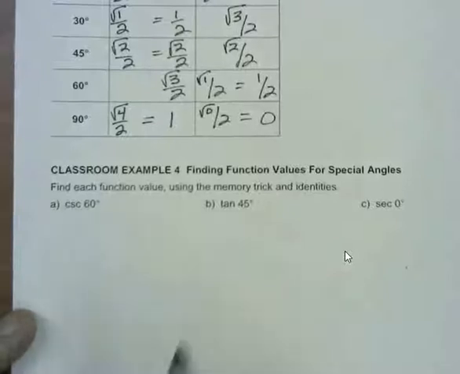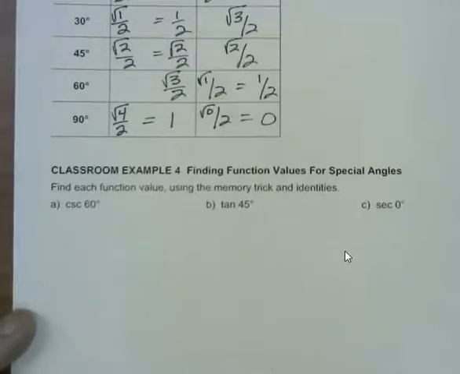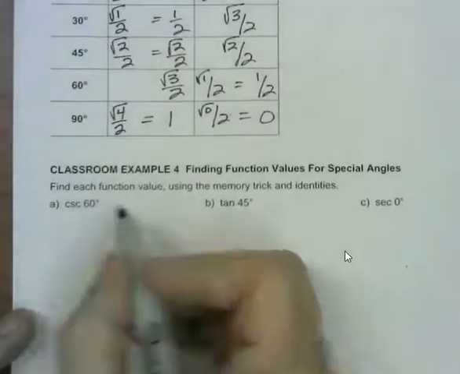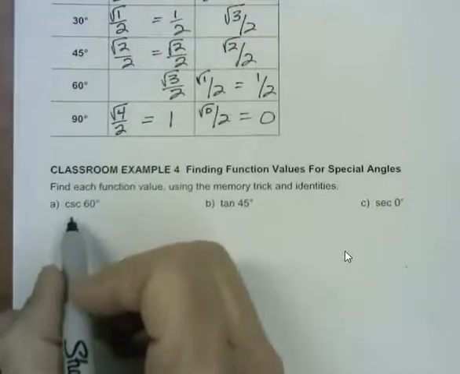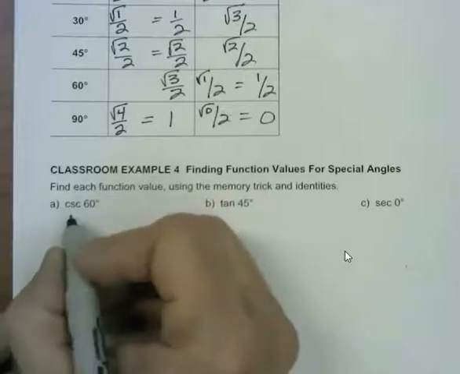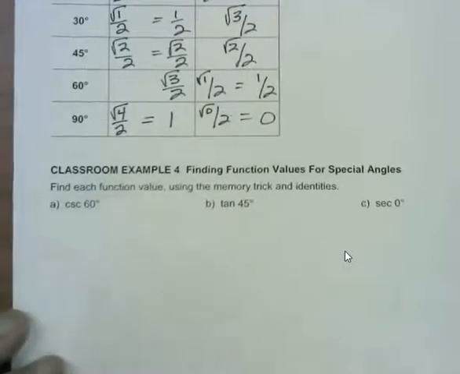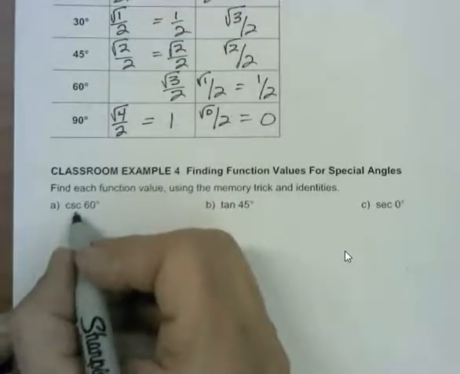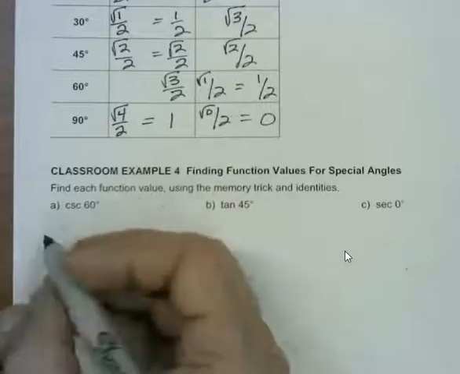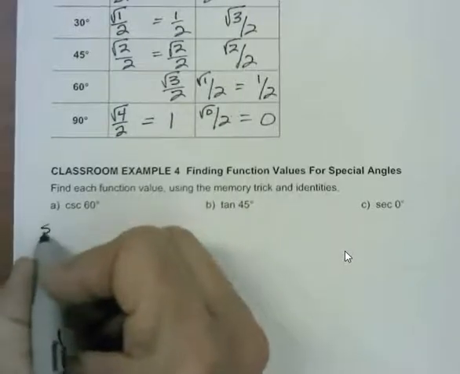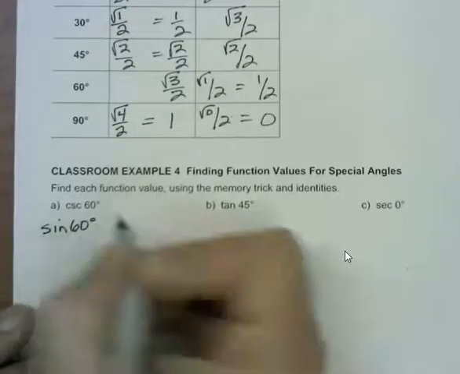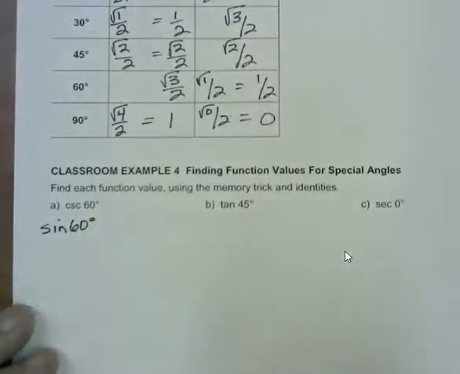All right, let's find each one of these 3 function values just using that memory trick and some identities if we need to. So for cosecant of 60 degrees, first let's think about which of our 3 main functions this is related to. This is the reciprocal of sine. So if we can find sine of 60 degrees, then all we have to do is flip it over to get cosecant.